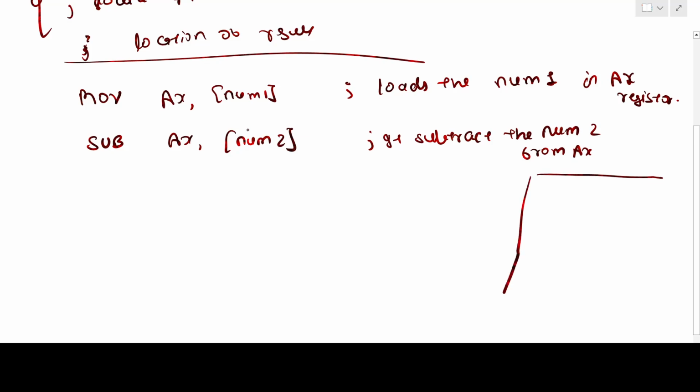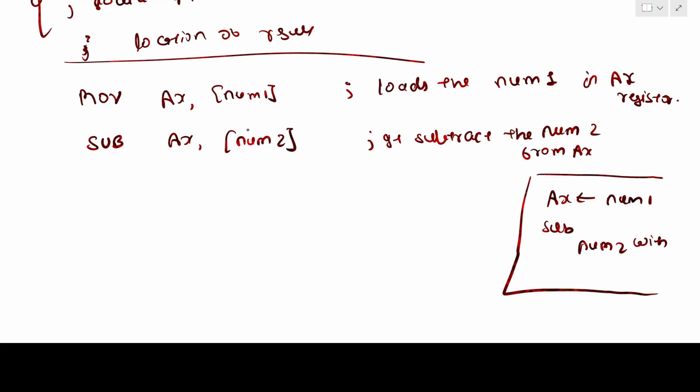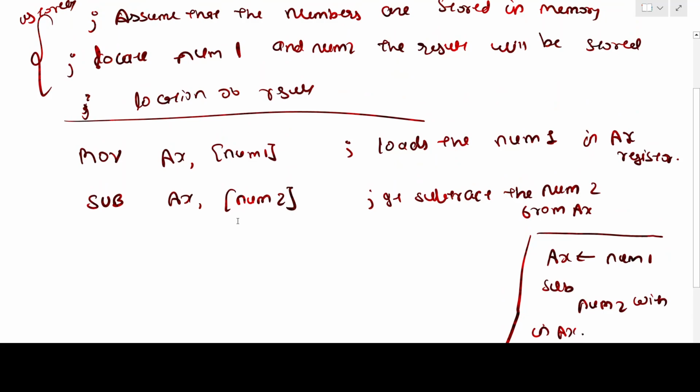Let's make a box here. In ax we have entered number 1, and then we are subtracting number 2 from whatever is in ax. Then the third comment says location of the result. So where will we store this?